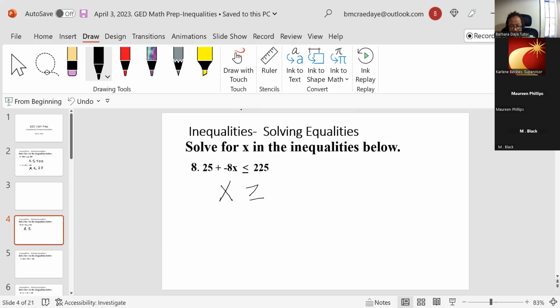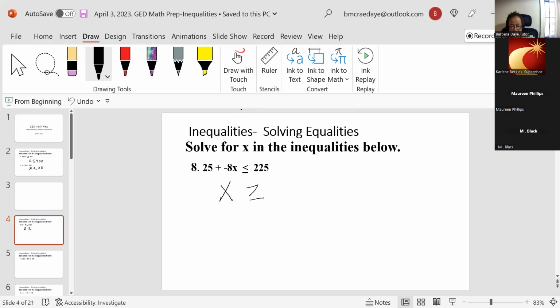Mercedes, what's your answer? When you flip the inequality sign, what do you call it again, miss? Reverse. You reverse the inequality sign. So the greater than or equal is correct because here you divide by a negative. What is your answer, Mercedes? 25, plus or minus?